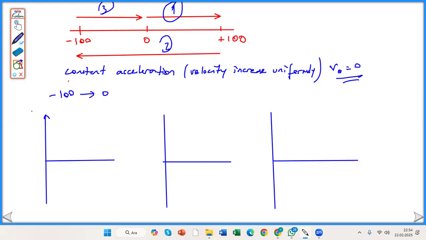This is the position and time graph, this is the velocity and time graph, and this is the acceleration and time graph. Let's check this once again. Our initial position is 0 and final position is minus 100, and still it is increasing. So its graph is like this.